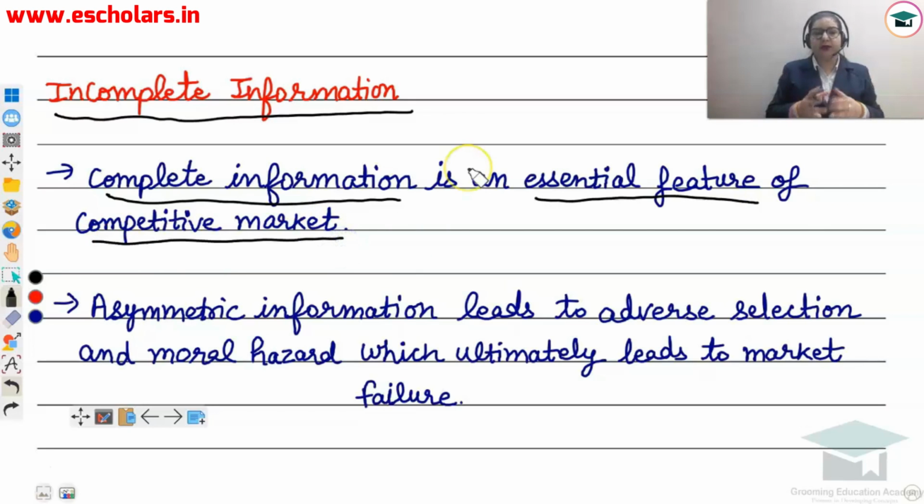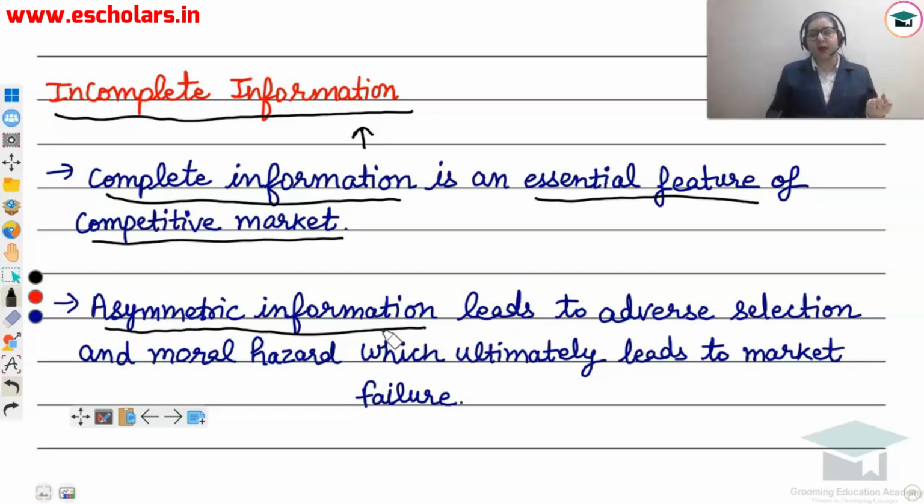But in the case of imperfect markets, there is incomplete information. Basically, incomplete information is also known as asymmetric information. Now, what is asymmetric information? Asymmetric information means that the buyers and sellers of the product do not have the same information about the product.